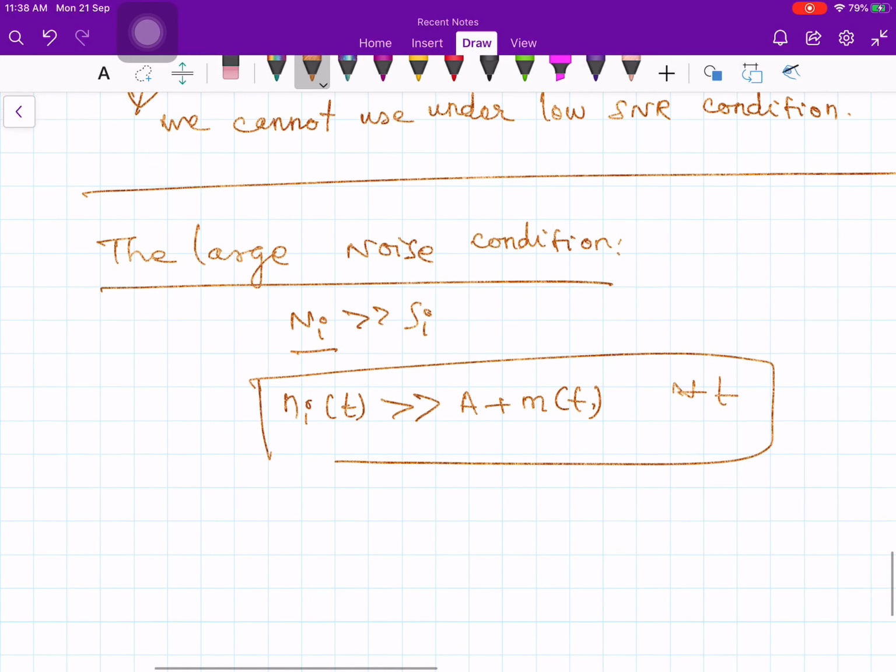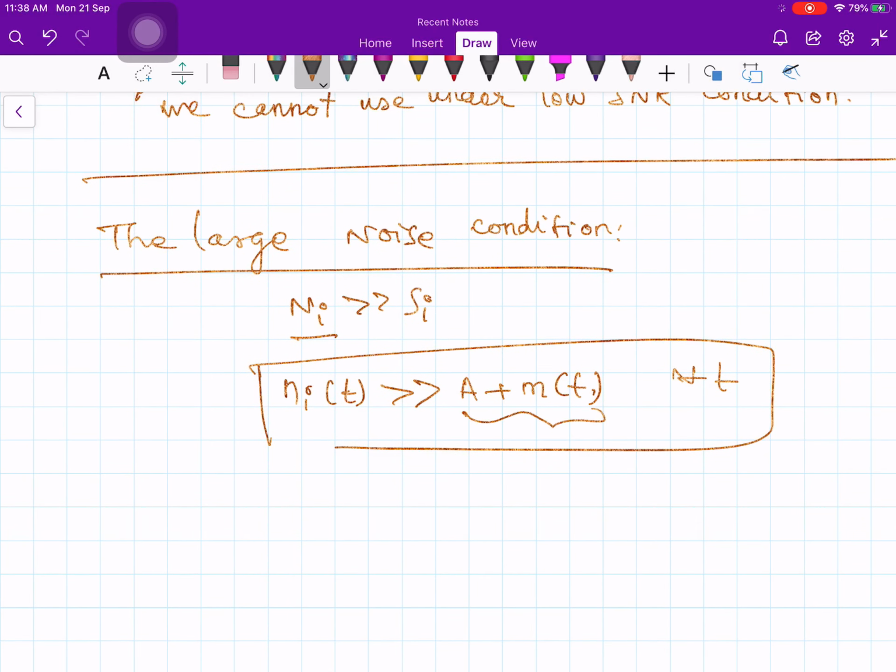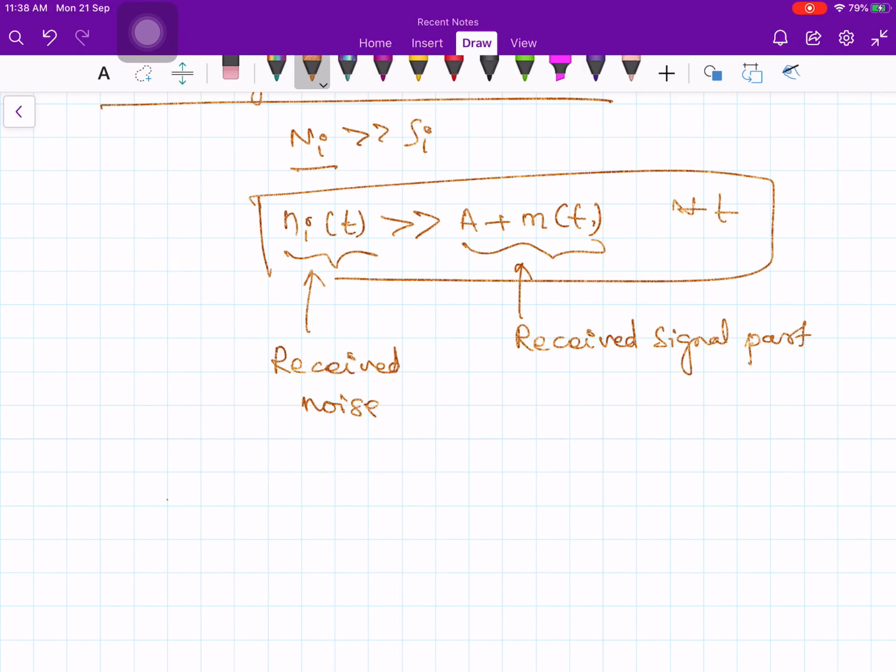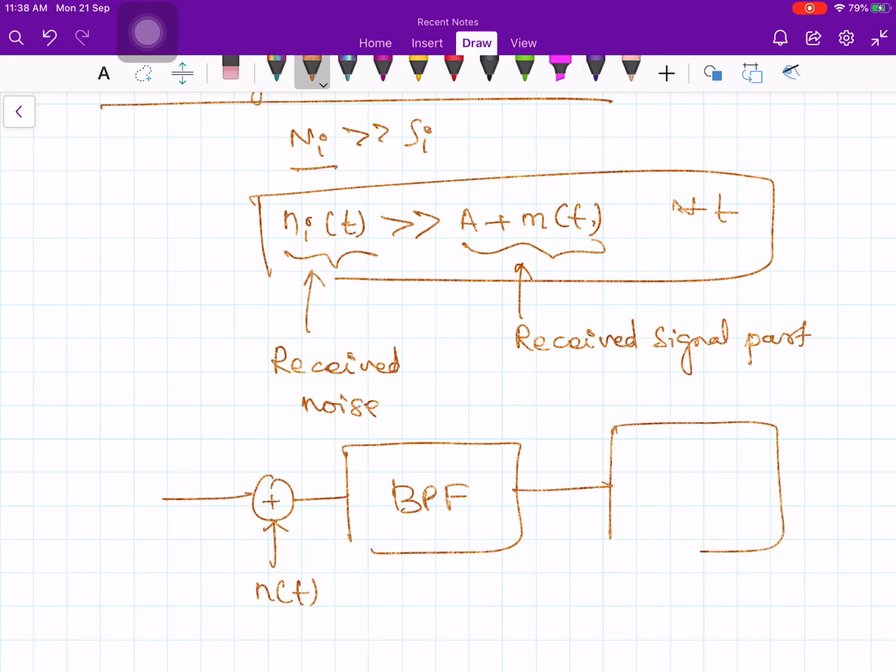And what is this? This is the received signal part. And what is this? Received noise. If you recall, you have noise N of t, which is given to the band pass filter, and the output of the band pass filter is given to the envelope detector.